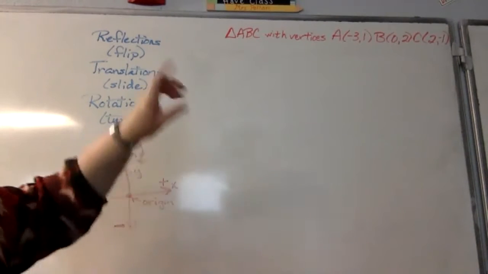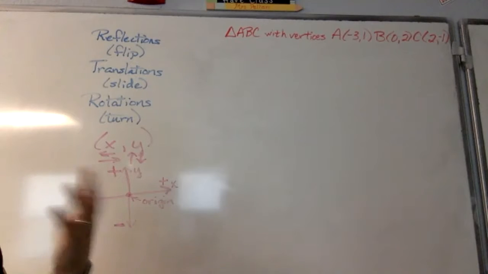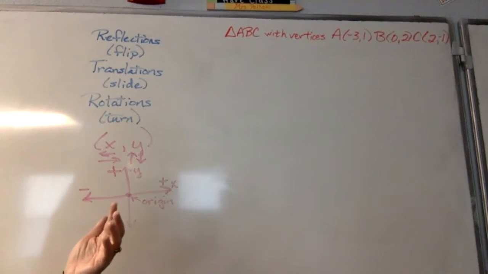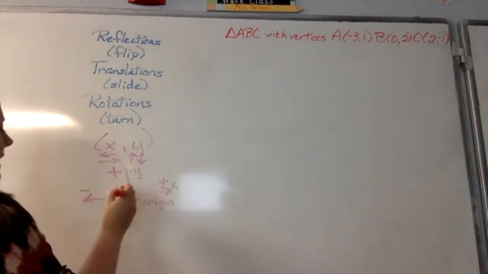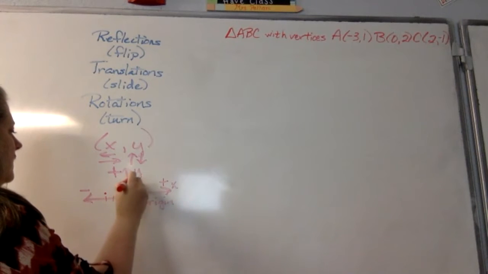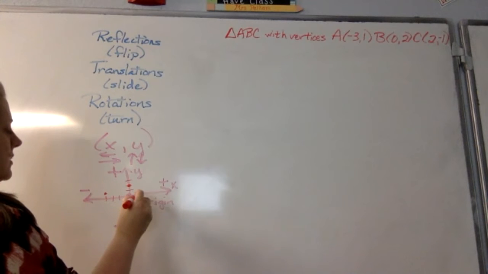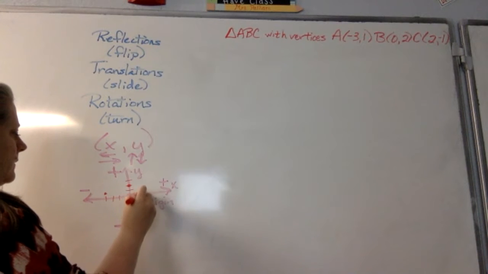So on here, we have our 3 vertices, our A, our B, and our C. Now, if you want, you can graph them on the coordinate plane. I'll put them on here. I got A is at -3, 1. Then I got 0, 2. And I got 2, -1.